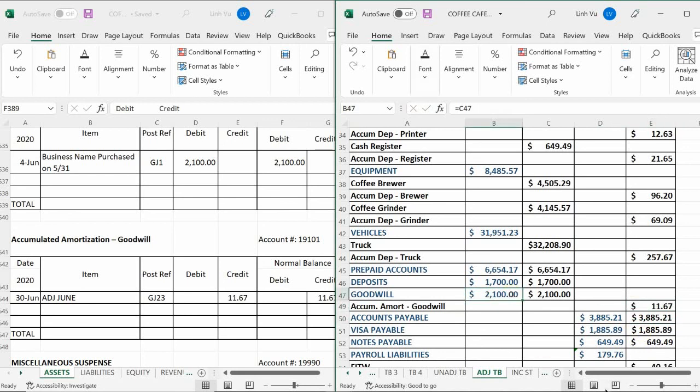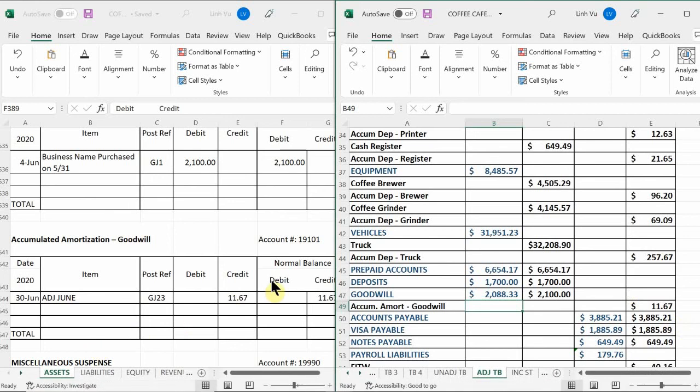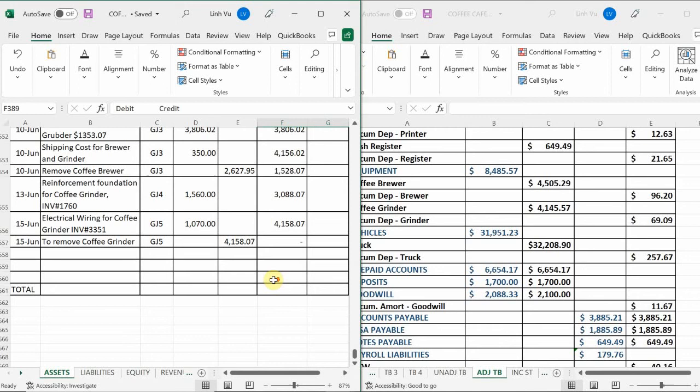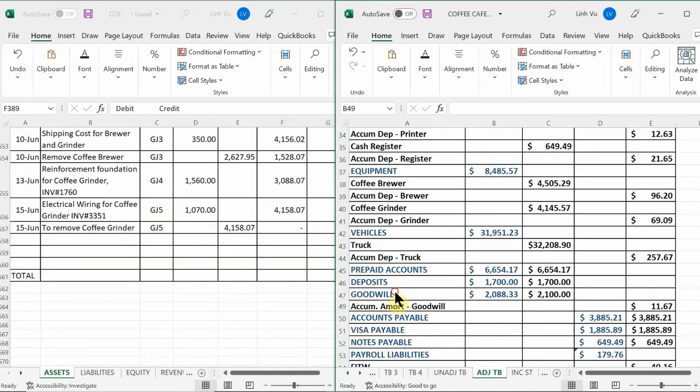Therefore, I need to change this formula because goodwill is a main account. I'm going to take my goodwill and subtract the amortization to get my book value of 2088 for my goodwill. Okay. And then that is it for my assets.